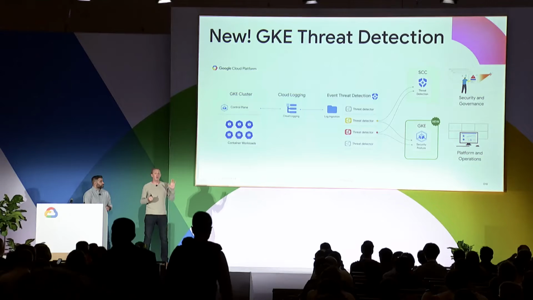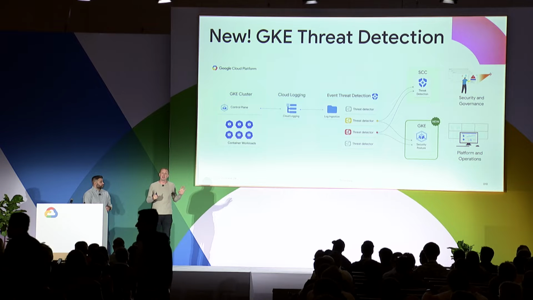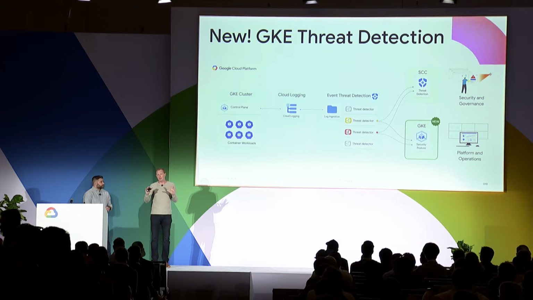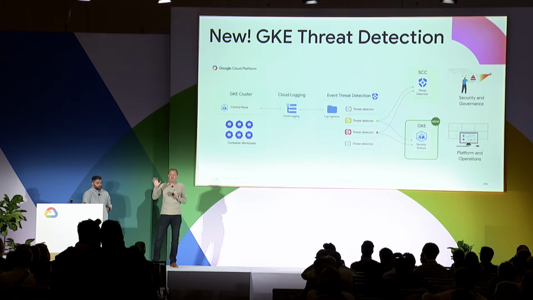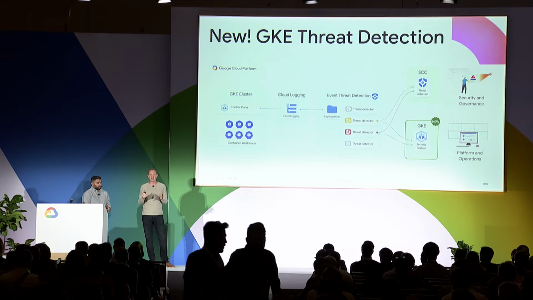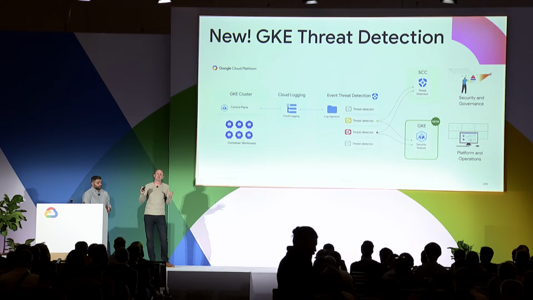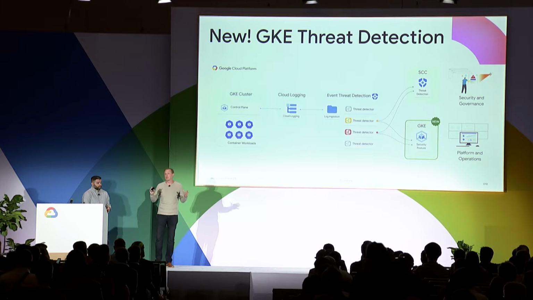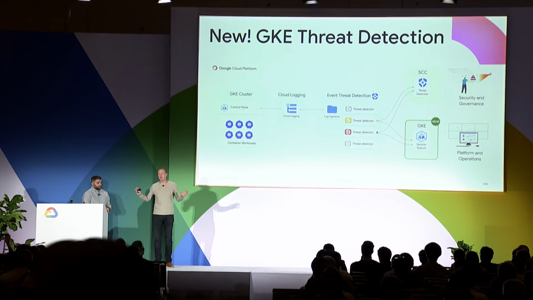I want to also note that we surface the threats in multiple places because we understand that security is a team sport, like I said earlier, and there are two different teams or personas that are often involved in GKE security. One of them is the central security and governance team, who's generally responsible for a really broad view of risk assessment and risk management.